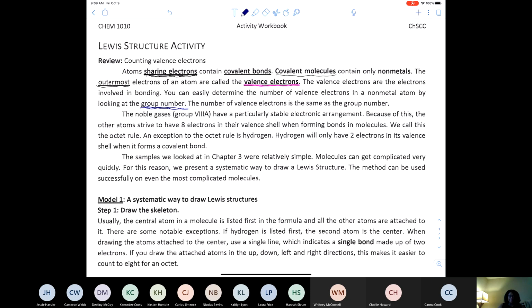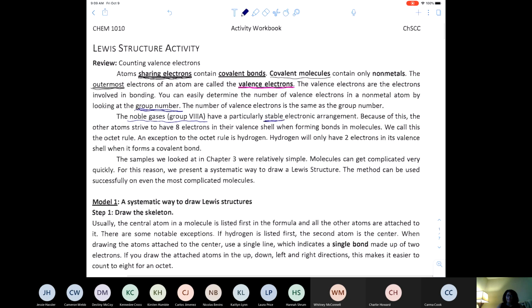Now, the noble gases, they reside in group 8A. And therefore, they have 8 valence electrons. And that makes them very stable in their electronic arrangement with those 8 valence electrons.